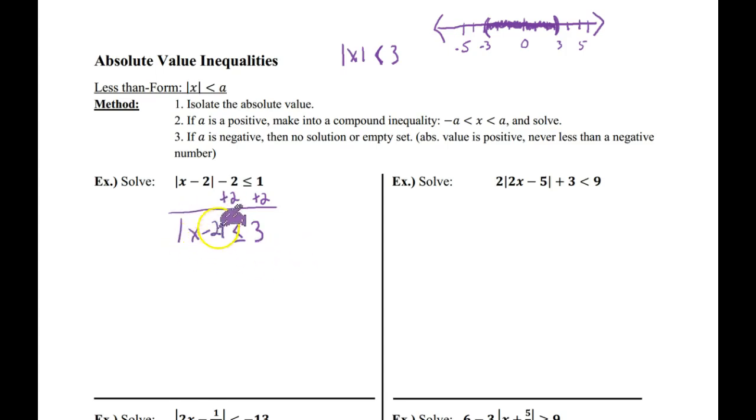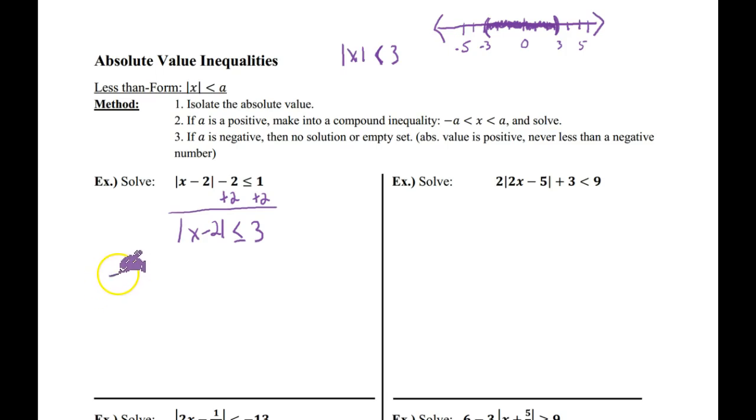Now it's no longer just x, so it's not starting at 0. It has shifted. But for this quantity x minus 2, I want all the distances that are less than or equal to 3 units away. Because I know it's going to be a conjunction, I can say this could be a distance of positive 3 or negative 3, because the absolute value of negative 3 is 3 units from 0.